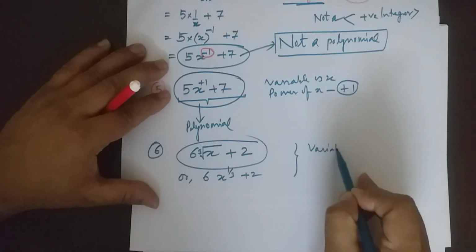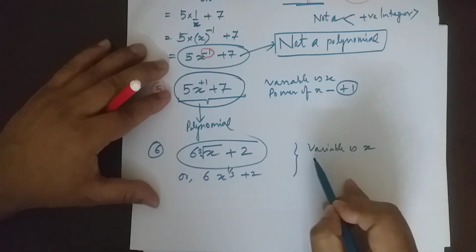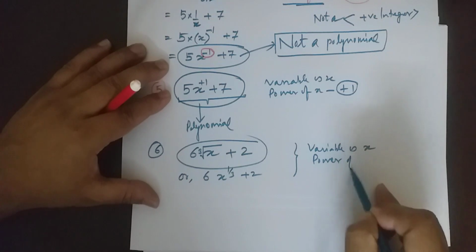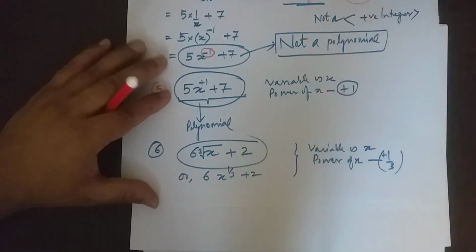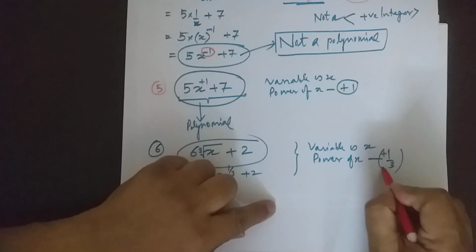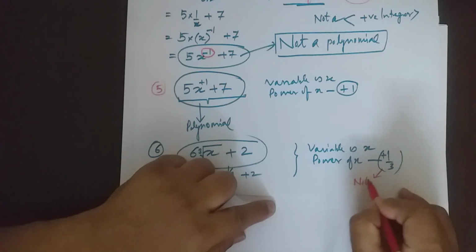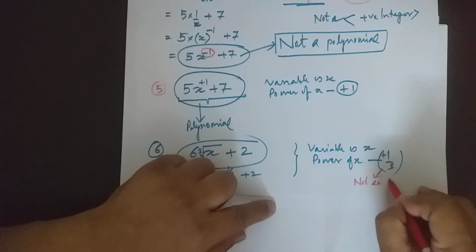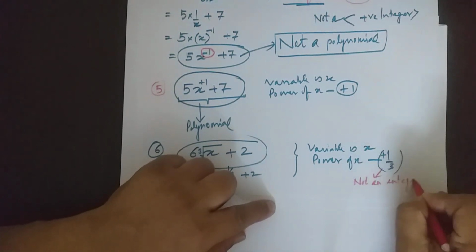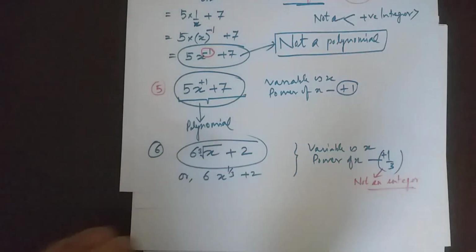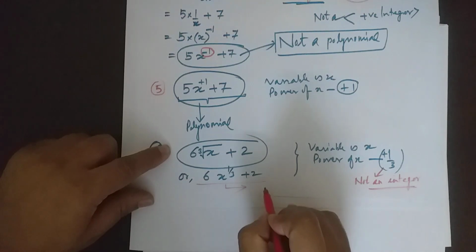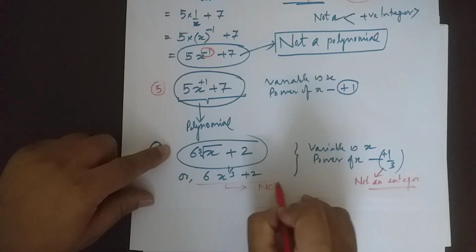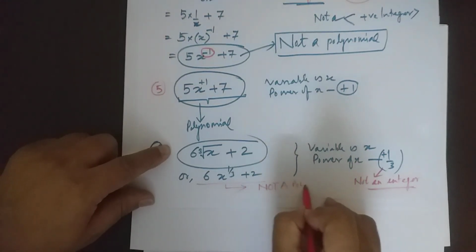Variable is x and the power of x is 1 by 3. It is positive 1 by 3. But again here this positive 1 by 3 is not an integer, and since it is not an integer, this expression doesn't qualify to become a polynomial, so it is not a polynomial.